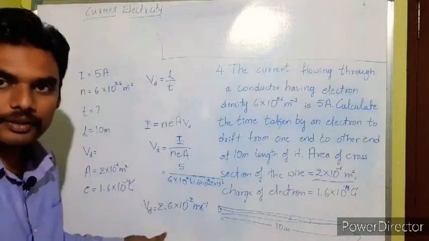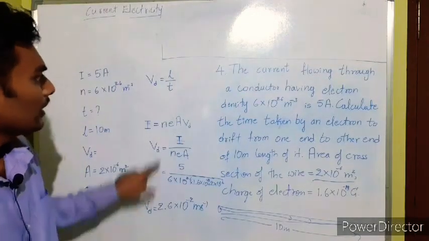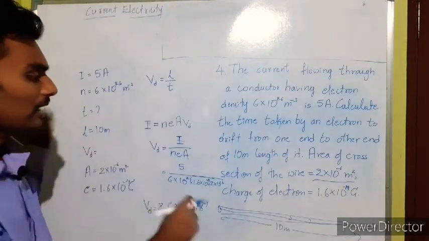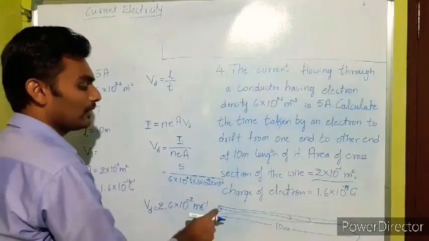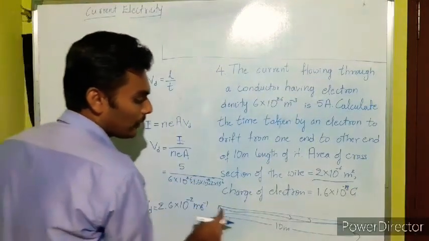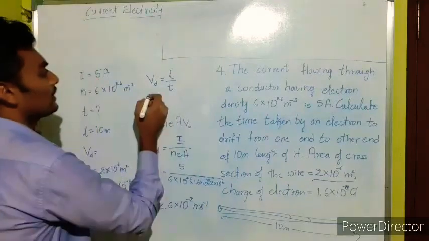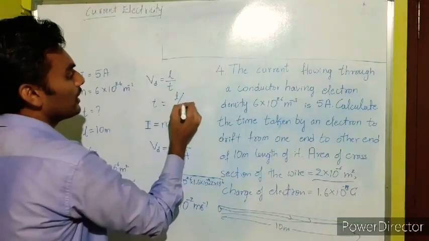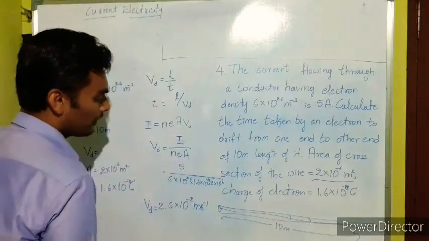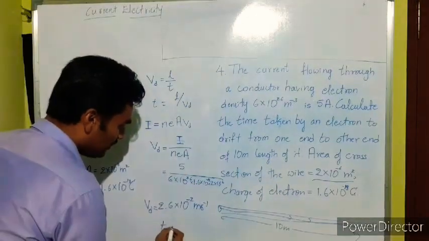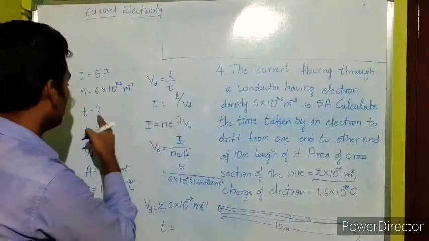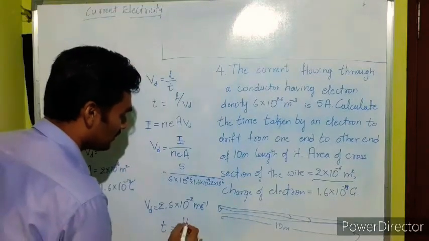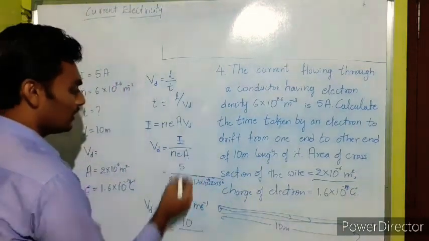Now we have the drift velocity Vd. What we need is time, the time an electron takes for drifting from one end to the other end of the conductor. From this expression, T is equal to L by Vd. So T becomes equal to, what is L? L is 10 meter, divided by, what is Vd?